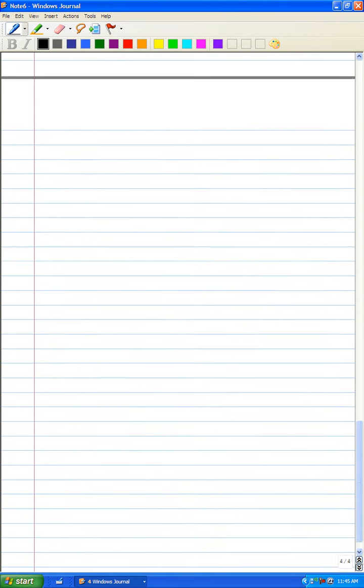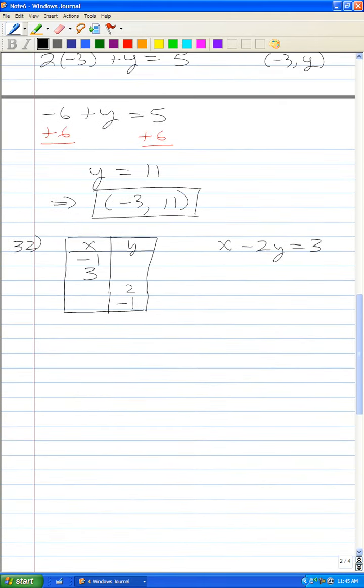And so let's first do this when x is equal to -1. And so if x is -1, then -1 minus 2y is 3. Let me add 1 to each side of my equation in order to isolate y. And so -2y equals 4. Divide by -2. And so y is equal to -2.